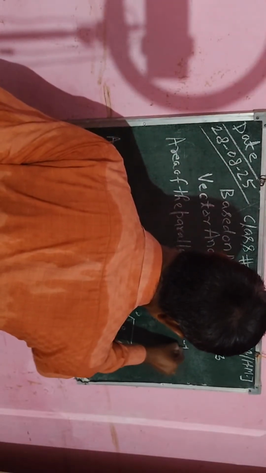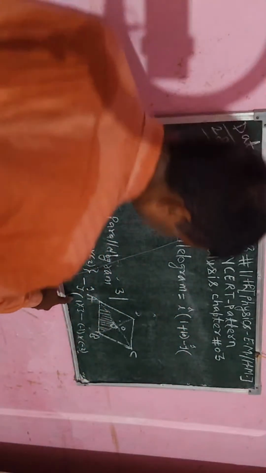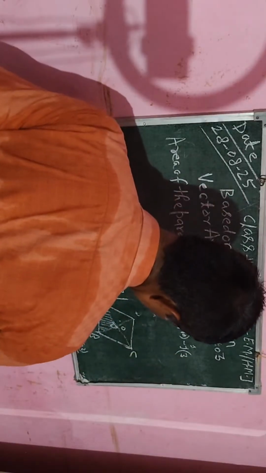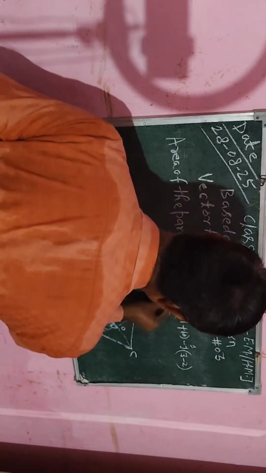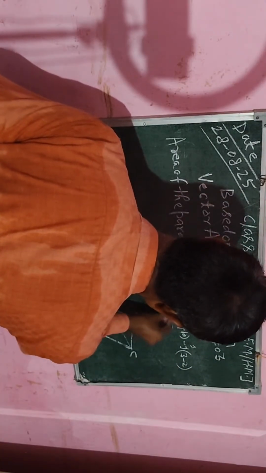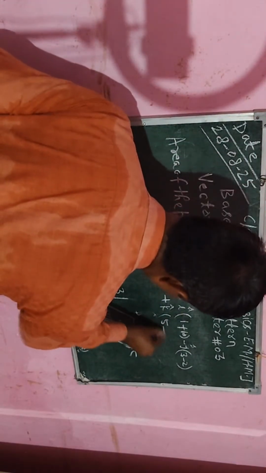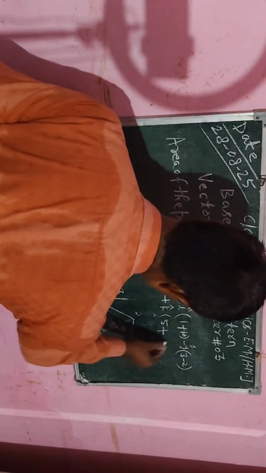And then here I have to write vector j cap, in the bracket I will write 1 into 3, that will be 3, and here minus into minus plus, that will be minus 2, and then I will write vector k cap, and its value will be 5 into 1, that will be 5, and here I will write minus into minus, that will be plus 1 into 1.